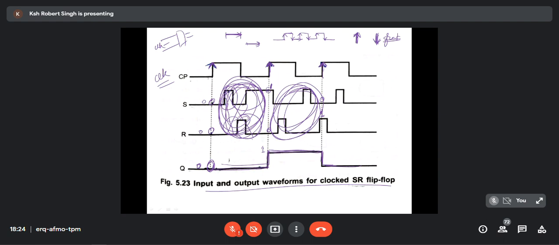Please try to understand this SR flip-flop very thoroughly. The rest of the flip-flops will be very easy for you. If you do not know this, you cannot perform well in the exam, because in the exam I'm not going to ask straightforward questions. I'm going to ask design. You have a D flip-flop, you design it into a T flip-flop. You convert a T flip-flop to an SR flip-flop.